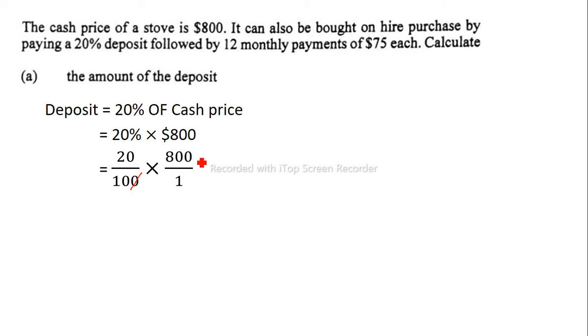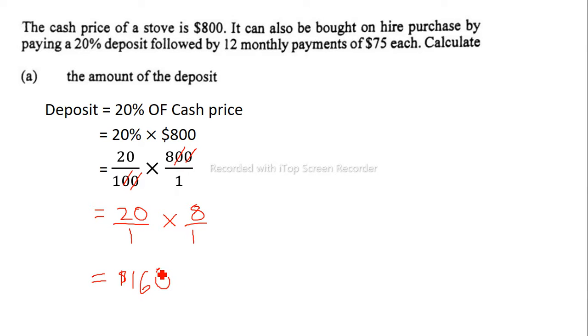This cancels out with that, and that cancels out with that, leaving us with 20 over 1 multiplied by 8 over 1. And what is 20 times 8? 160. I know y'all like your easy questions. So there we have it, $160.